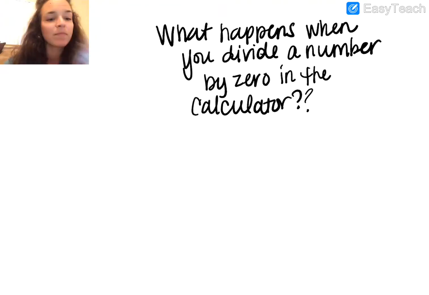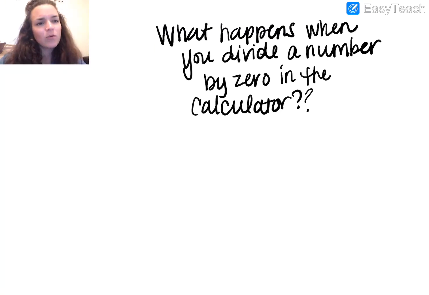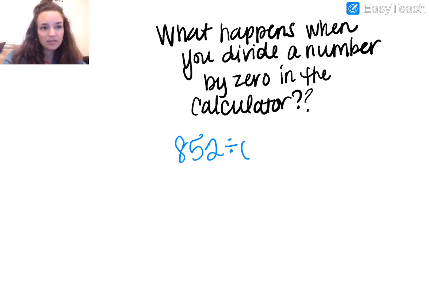Not good, okay? So why do we get error? Let's think about this. I did 852 divided by 0, equals, and we ended up with error.